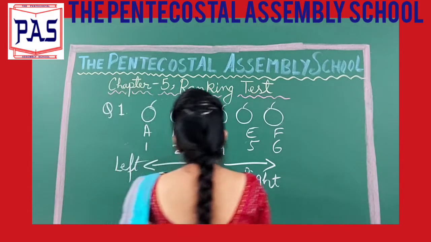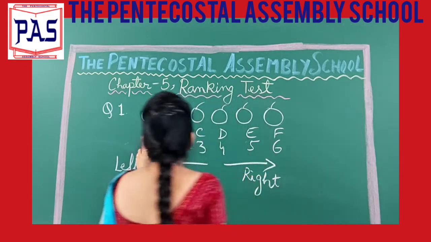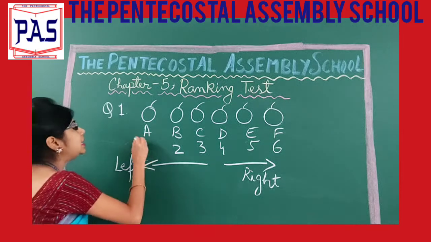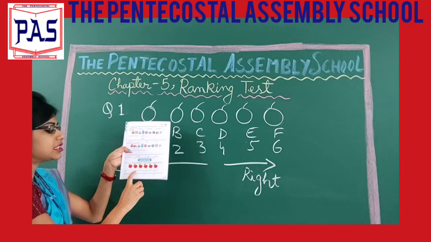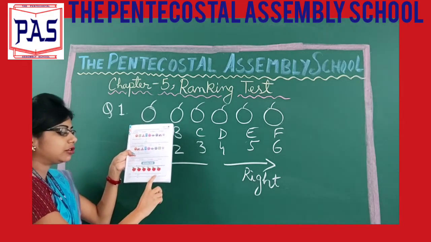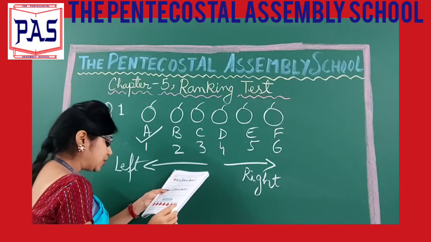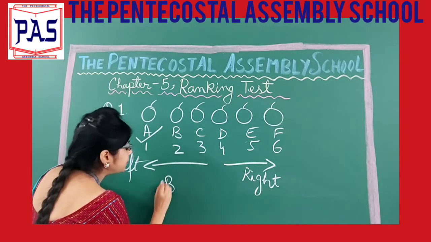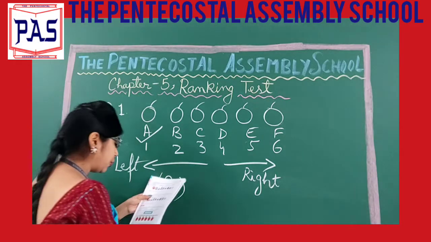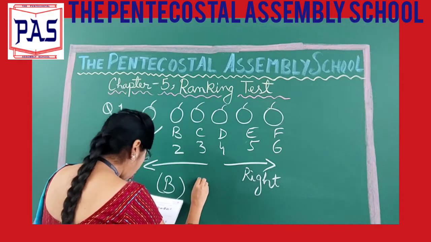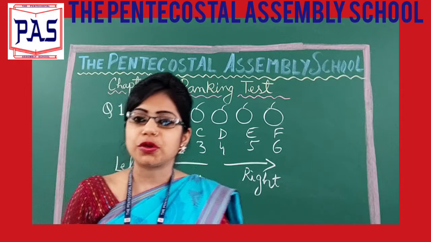The left side of apple C is in this direction: first, second. In second, you can see that apple A is there. So you will fill apple A as the second apple to the left of the third apple from the left end. Your answer will be option B, apple A. Have you understood, children?